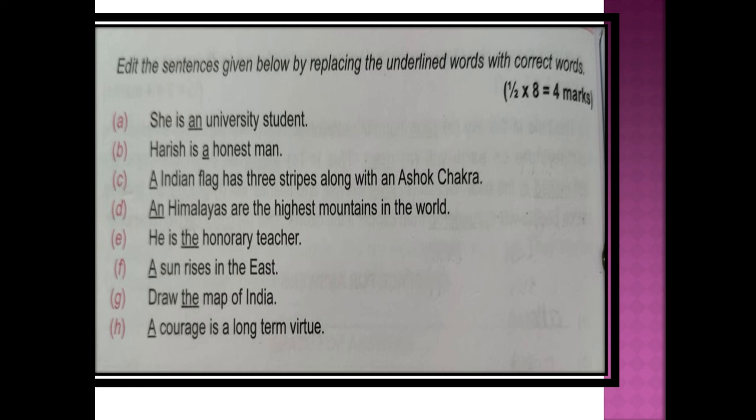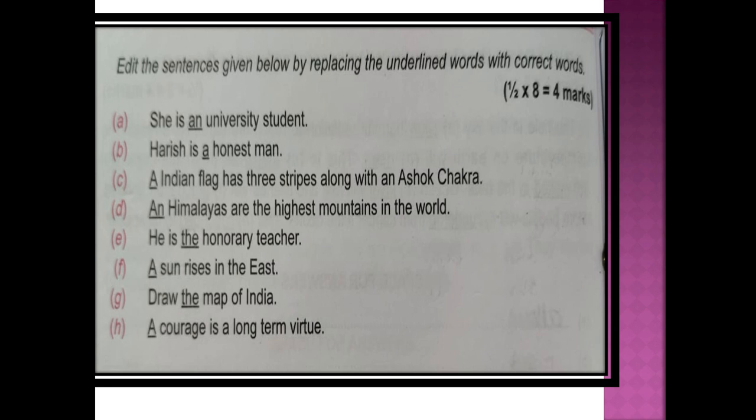Let's see the third one. A Indian flag has 3 stripes along with an Ashok chakra. Now this is very simple because we use the for the Indian flag, a particular one. So A here will be replaced by the. The Indian flag has 3 stripes along with an Ashok chakra. Let's come to the fourth one.